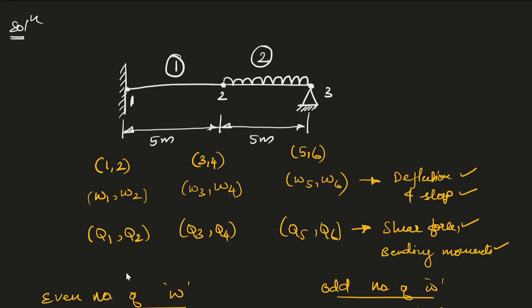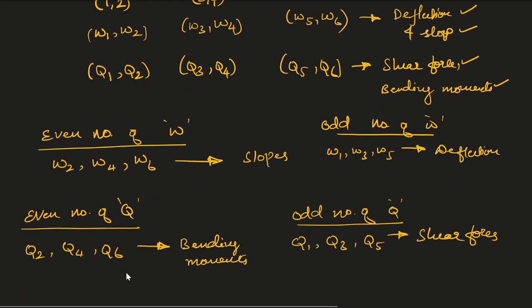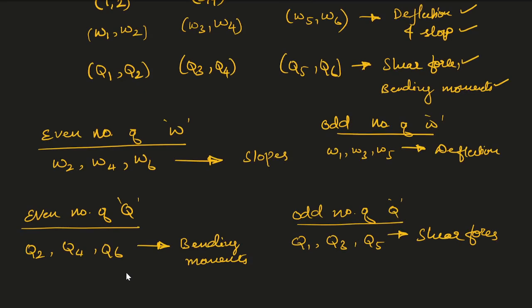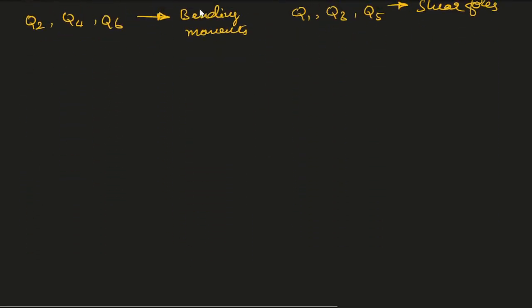All the Q's represent shear force and bending moment. So even numbers of W represent slopes, odd numbers of W represent deflection, even numbers of Q represent bending moment, odd numbers of Q represent shear force. Now I hope you understood this numbering.